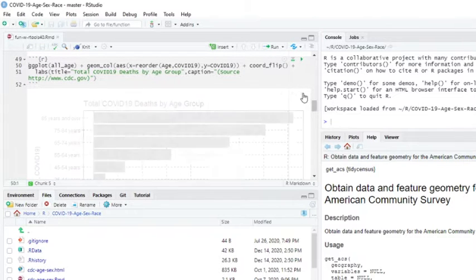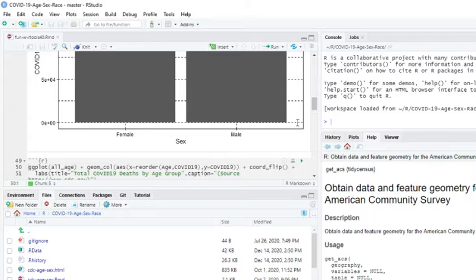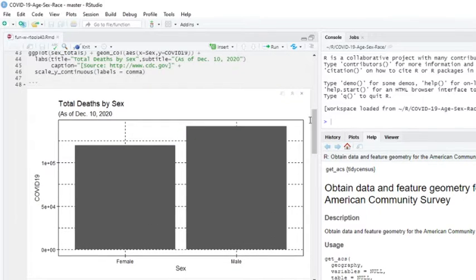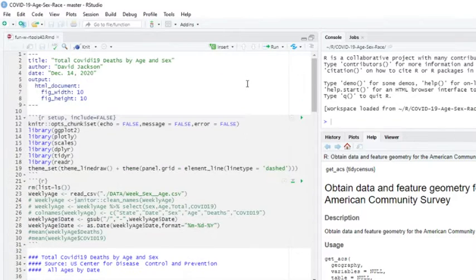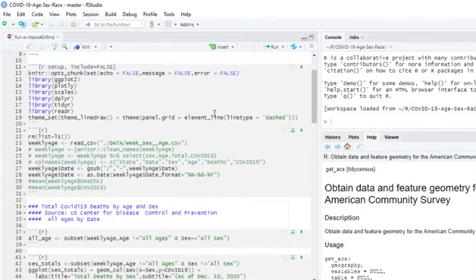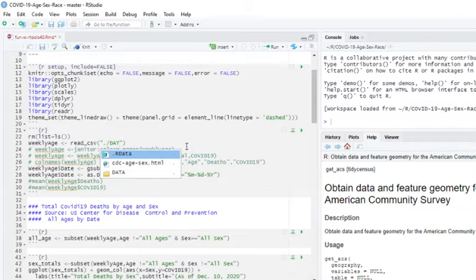Clean up the original stuff here. Okay. Let's make sure what we got here. Week.